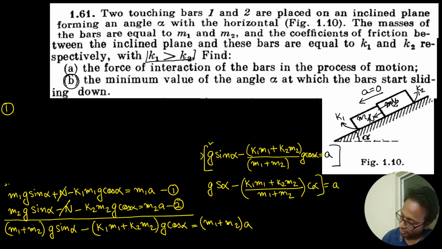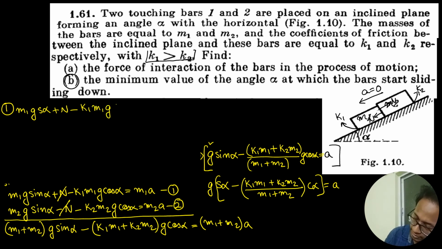I have taken g common out here. So I'm taking the first equation and substituting the value of a: m1 g sin alpha plus N minus k1 m1 g cos alpha is equal to m1a.